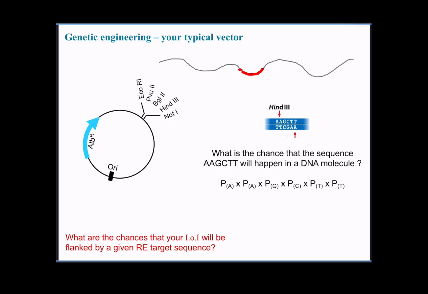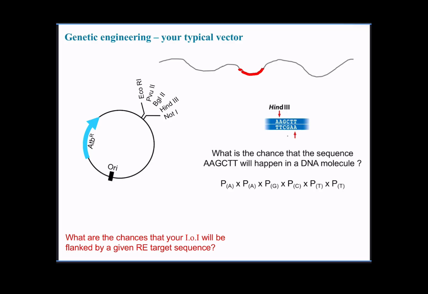So back to this idea that vectors will have a polylinker, an MCS, with several sites to choose from, but the insert of interest in its original source won't, right? So one of the things that we can ask ourselves is, let's say that I have this vector with all of those sites, and I'd like to use HindIII because it's a very reliable enzyme, very potent, very faithful.